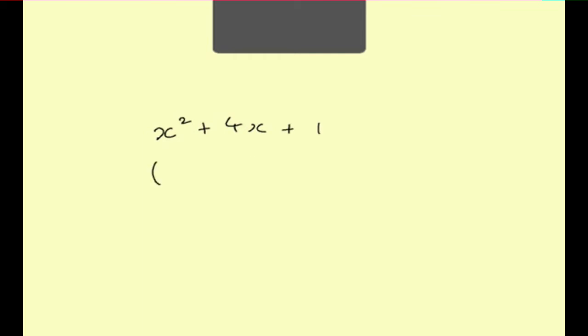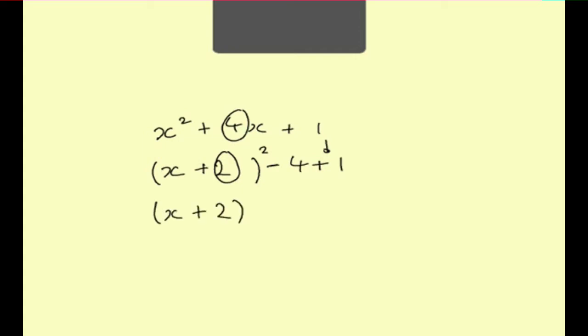We start off by putting a couple of brackets, put x in the bracket, look at the value of b, which is 4, so we divide that by 2 to get 2, put a square, and take away the value here all squared, which is in this case 4, and then we've got a plus 1 here. So simplifying that, we get x plus 2 all squared minus 3, and we equate that to 0.